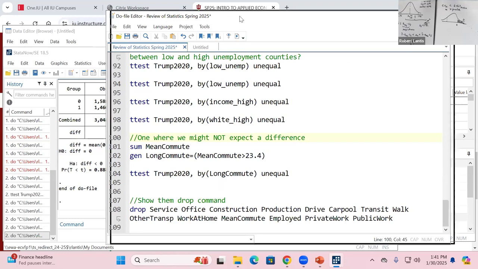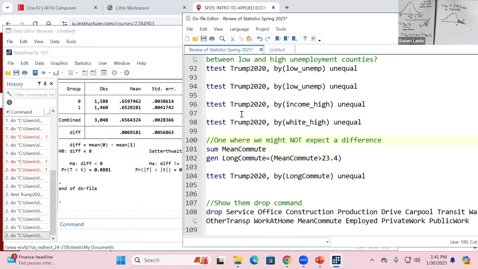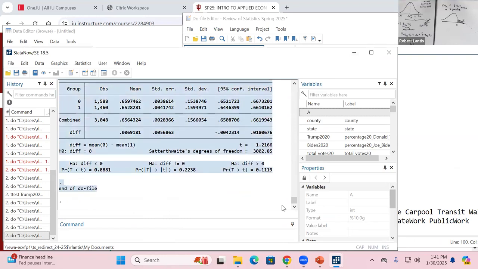In fact, sometimes for these first assignments, what I'll get people doing, and you don't have to do this. Let's say I asked you whether or not there was a difference between counties with long versus short commutes and the proportion that vote for Trump. I don't want you to copy and paste the output into a Word document. I know what that output is going to be as soon as I see that code.